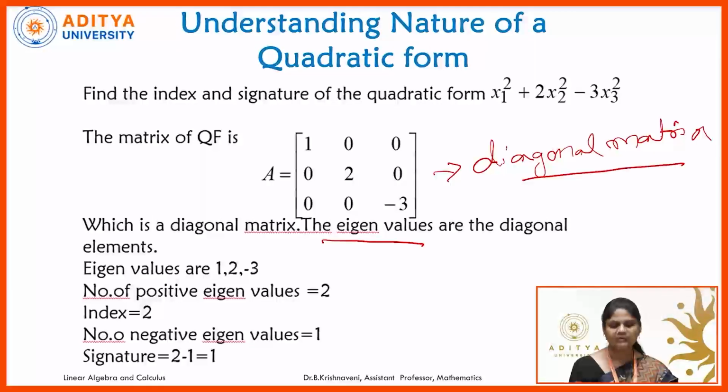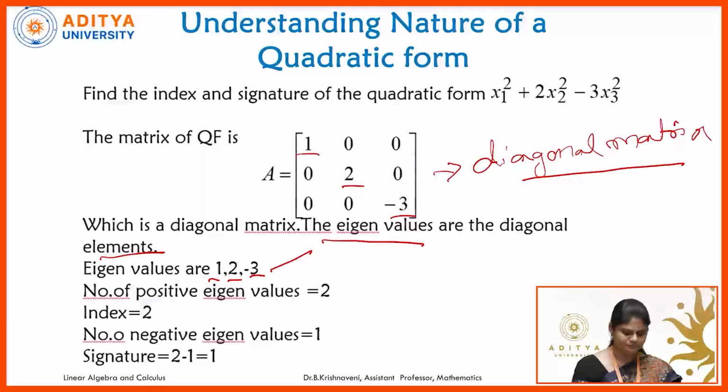Since it is a diagonal matrix, we can use the property. The property is: the eigenvalues of a diagonal matrix are its diagonal elements. So directly we will take the diagonal elements as the eigenvalues. Therefore, the eigenvalues for this matrix of the quadratic form are 1, 2, minus 3.